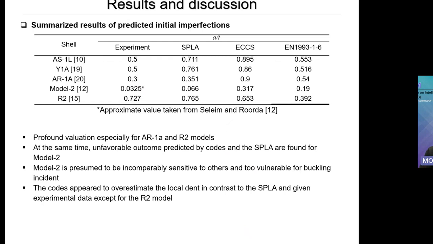From here, it performs a good evaluation, especially for the AR1, AR-1A and R2 models. It's quite close. And then of course the difference is quite obvious between the codes and the SPLA for this model. Model 2 is presumed to be incomparably sensitive to the others and too vulnerable to buckling incidents. And the code appeared to overestimate the local dent in contrast to the SPLA and the expected data, except for the R2 model.